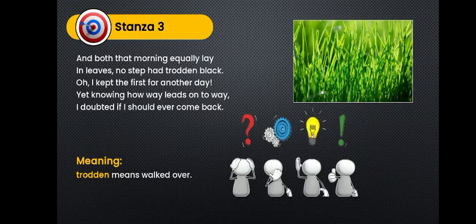In this third stanza, he mentions that the morning equally lay on the two roads. It means nature equally gives opportunity to these two roads. Nature gives the two roads the same quality, but the destinations of the two roads are not the same.